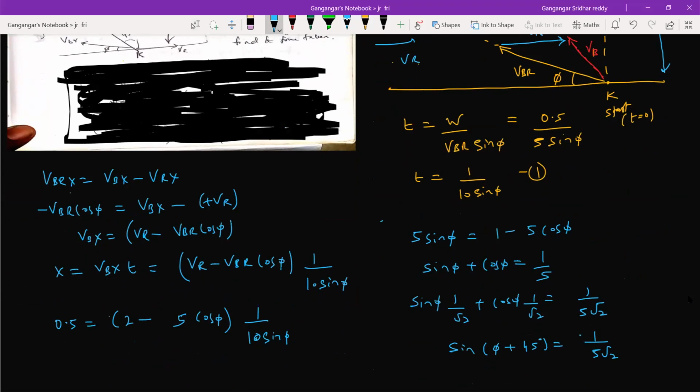Sir, we have to take the drift to be negative, no, sir? Which one? Drift minus 0.5? No, the values will be substituted. The value of VR and VBR will decide that. Sir, but according to the figure, the drift is negative, right?